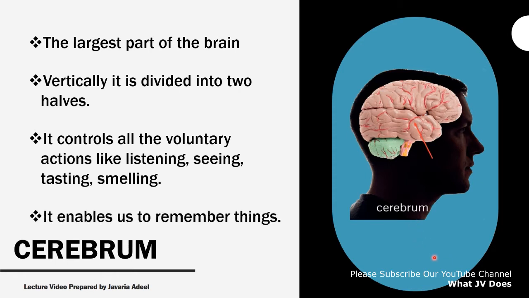Now, the cerebrum controls all the voluntary actions like thinking, feeling, decision making, listening, seeing, tasting, and smelling. It helps in differentiating between taste and smells. It also enables you to touch and feel the texture of things. Also, it enables us to remember things.